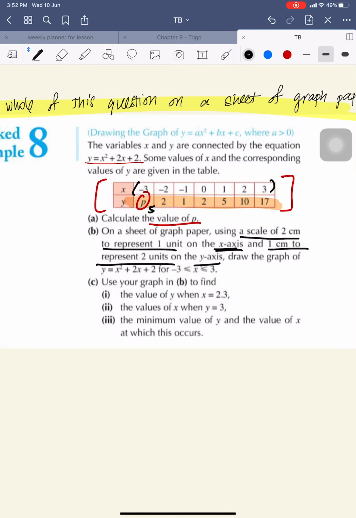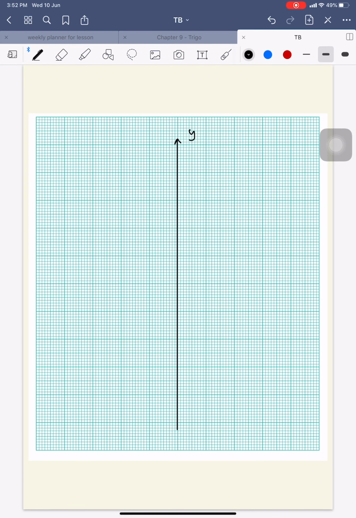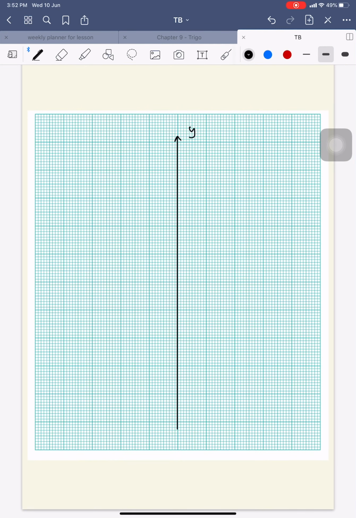So where can I put my x-axis? If you put it in the middle, you have space for negative y values, but you don't need them. So what you do is you can shift your x-axis quite near to the bottom of the graph.